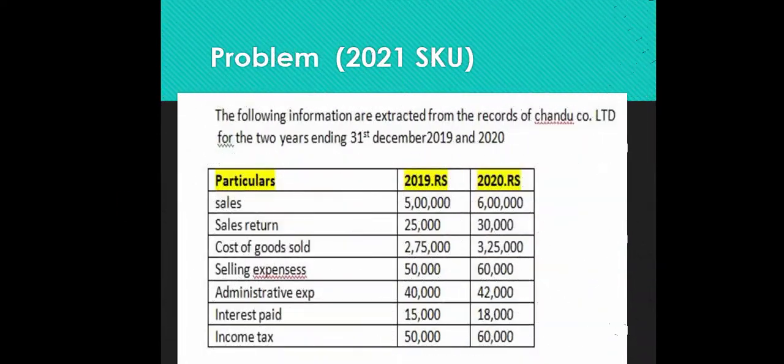Previously, SK University gave one problem. The following information is extracted from the records of Chandu Coal Limited for the two years ending 31st December 2019 and 2020. Here we use comparative statements.